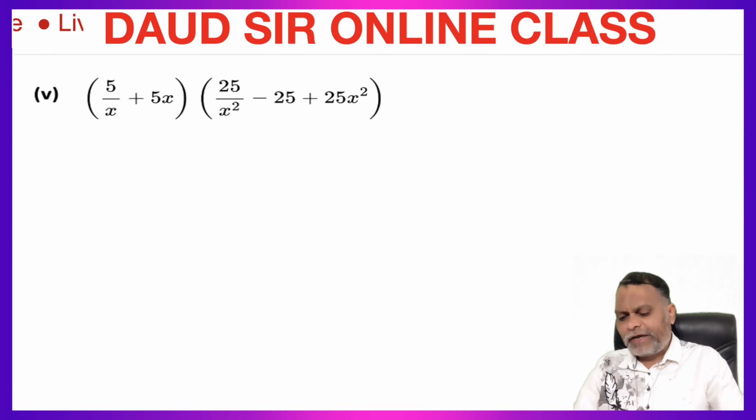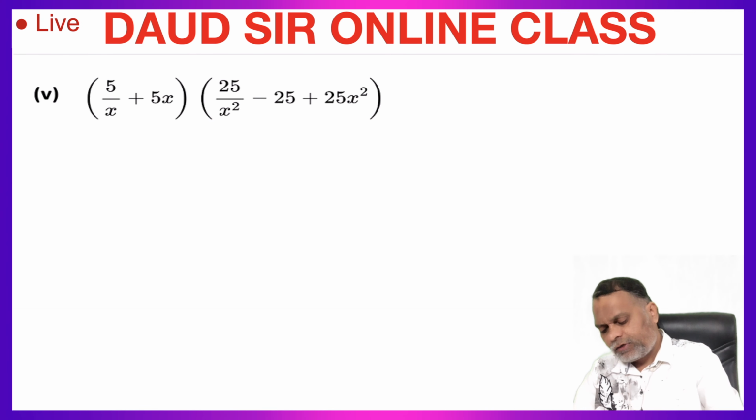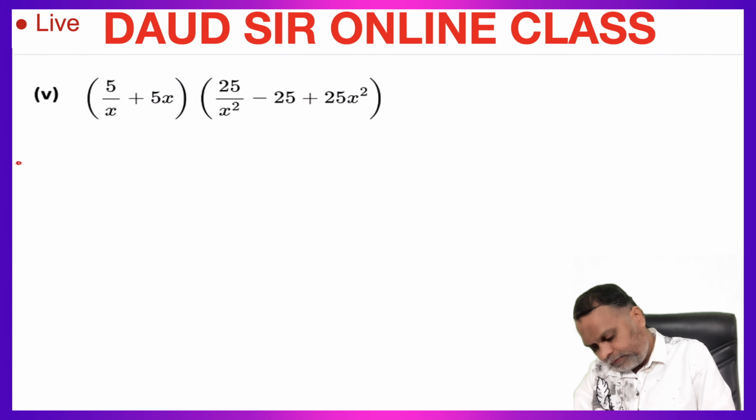Question number 2, last part, part 5: (5/x + 5x)(25/x² - 25 + 25x²). So we can write 5/x as it is plus 5x as it is.